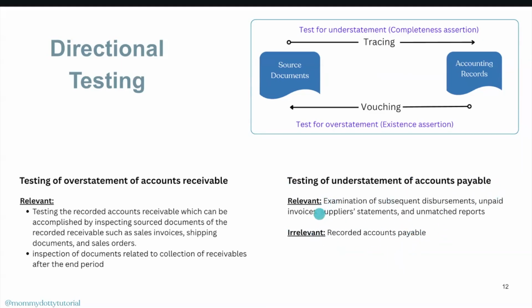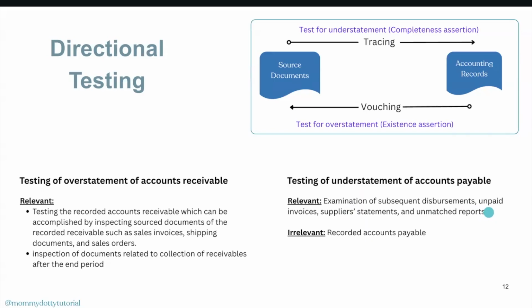So why do we have to examine subsequent disbursements? Your cutoff is usually the end of the month or end of the year, so December 31. Then you have a subsequent disbursement: you paid a supplier on, let's say, January 1 or January 2. You need to check if that transaction was also recorded in accounts payable as of December 31st.